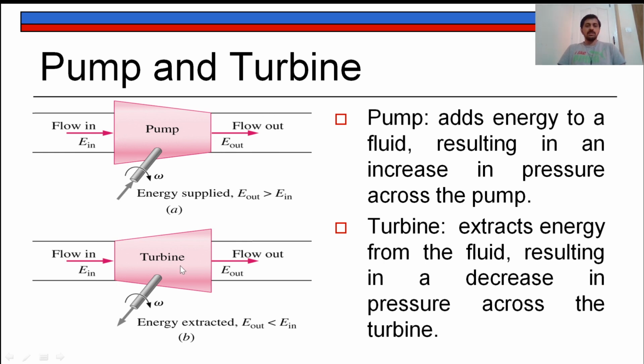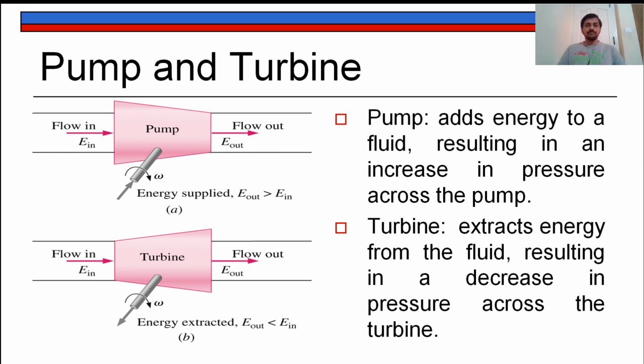On the other hand, a turbine converts hydraulic energy to mechanical energy, and you can see the shape difference. In a pump, the area from the inlet to outlet is decreasing, or converging. In the case of a turbine, the area is increasing. If you have seen my previous video on the Rankine cycle, there I have explained the turbine. Whether it is a steam turbine, a hydraulic turbine or an air turbine, expansion will be taking place in a turbine.